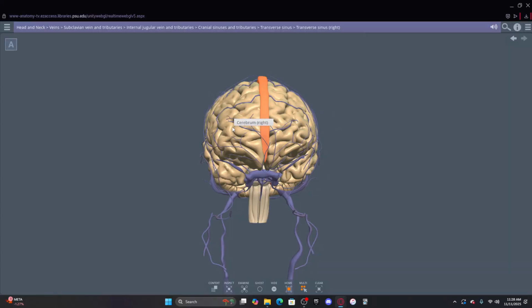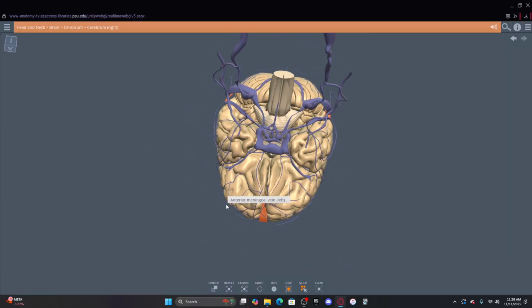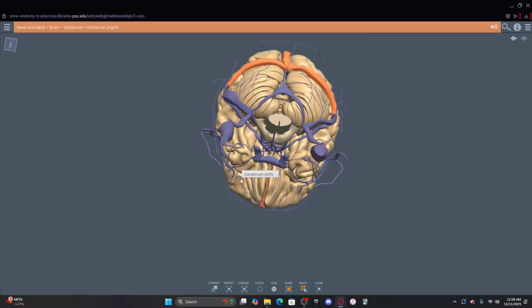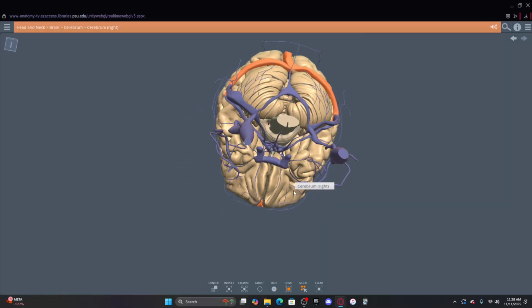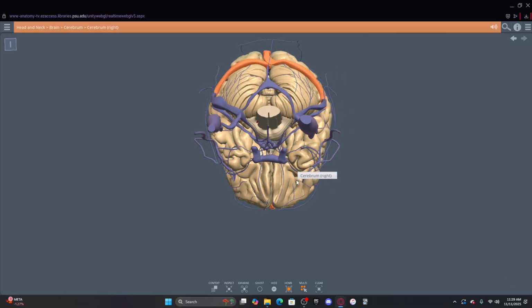If I'm looking at it inferiorly and it's turned, this is going to be left and this is going to be right. So depending on how you're looking at it, this is how it would be situated inside of your brain.